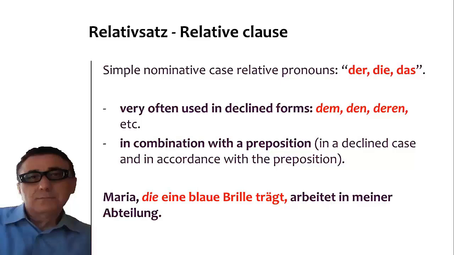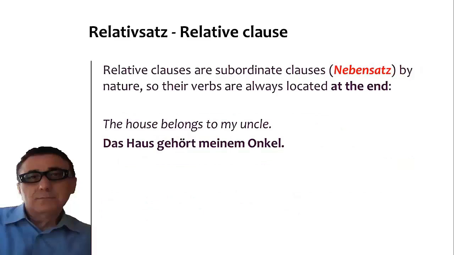Maria, die eine blaue Brille trägt, means Maria who wears a blue glasses. Relative clauses are subordinate clauses, Nebensatz, sagen wir auf Deutsch. It is their nature, so their verbs are always located at the end.